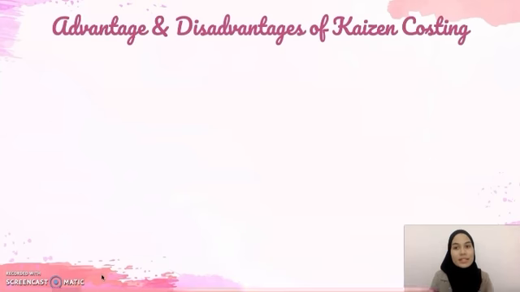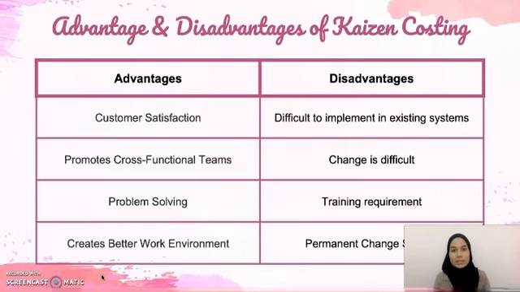Now, let's see the advantages and also disadvantages of Kaizen costing. So these are the advantages. There are four that we have concluded and put into the slide to make it more understandable, and also the disadvantages. The first advantage that we have found is customer satisfaction, and the next ones are promoting cross-functional teams, problem solving, and creating a better work environment.